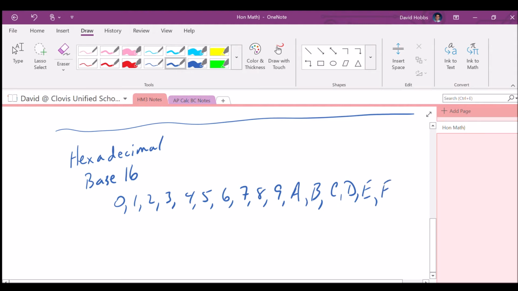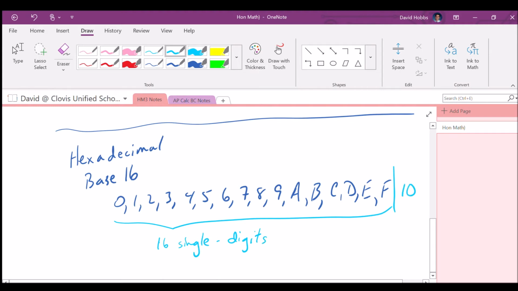And once we get 0 through 15, now to get base 16, once we get there, there's 16.